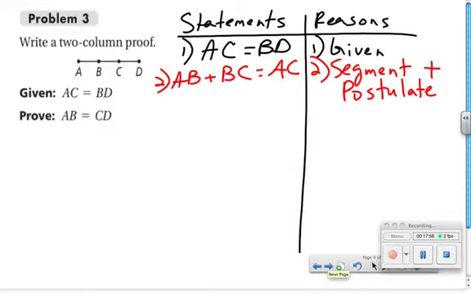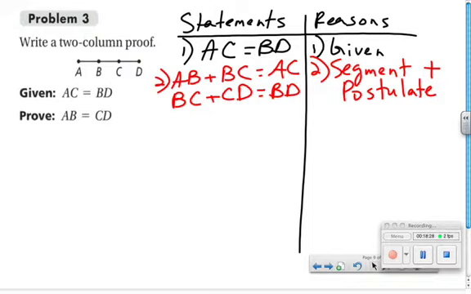Can someone give me a comparable equation for BD? Yes? That's exactly it. BC plus CD equals BD. And since I'm using the same reason and the equation looks comparable to it, I can just throw it into statement 2 along with that previous equation.